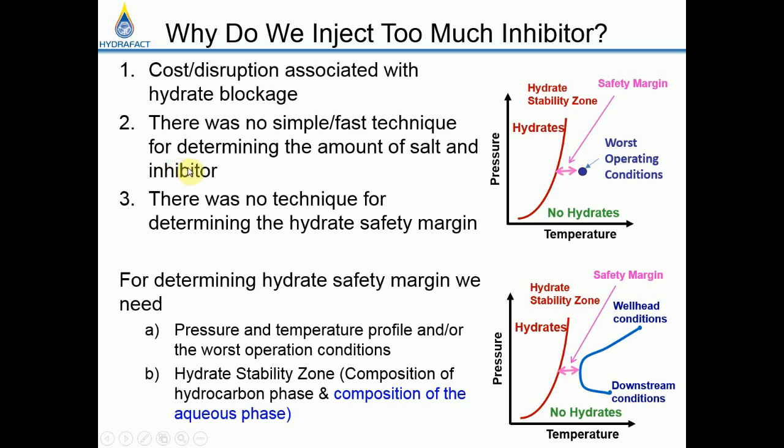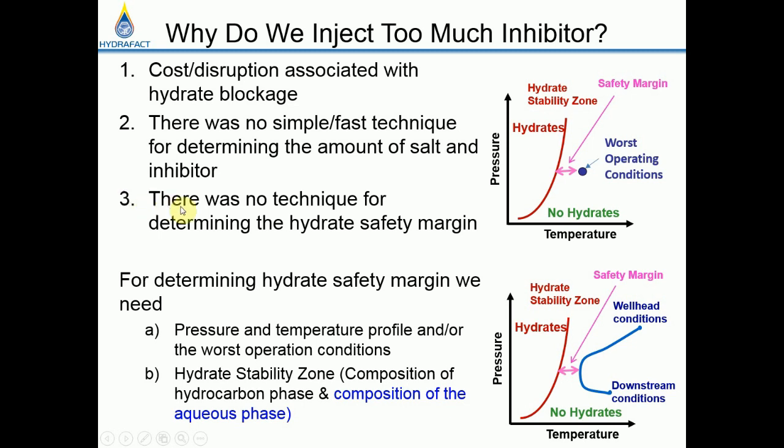Most of the techniques for determining salt and inhibitor concentration are time consuming and need relatively well equipped laboratories, so by the time we get the result, the system condition may have changed. And there is a general belief that a bit of extra inhibitor does not harm anybody, and the cost is very small when the oil price is high.